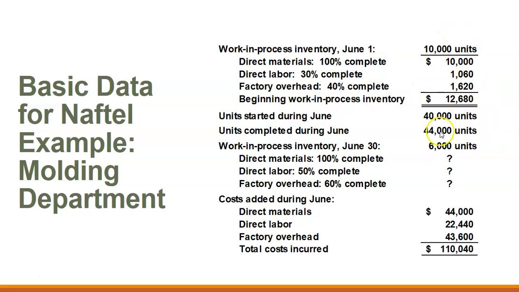Of the total 50,000 units we were working on, 44,000 of them were finished and transferred out to the next department. At the end of the month, we had 6,000 units still in process, and the costs we added during the month are here: direct materials, direct labor, and factory overhead. So we would use all of this information to make our production report.